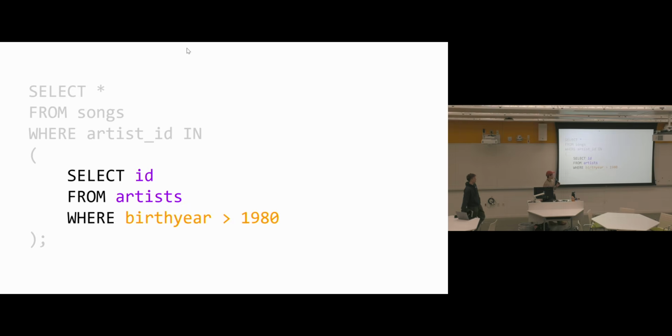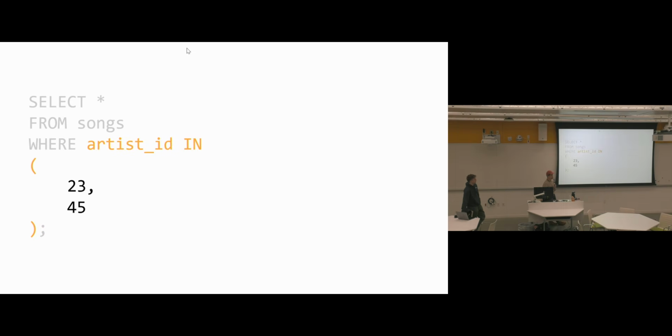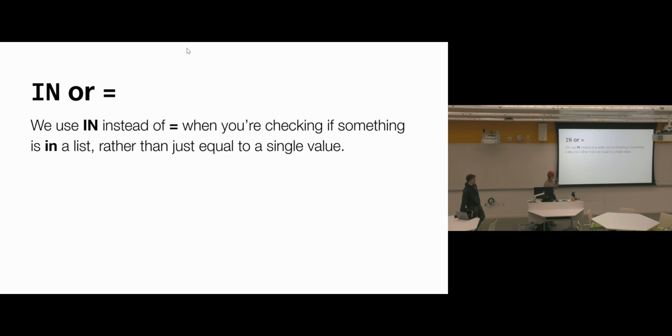Okay, so this inside resolves, and then we'll see, aha, it's 23 and 45, because both of these artists are born after 1980. So two items get returned into this list. And then the top query just becomes both of these artists, linking to these items and returning both of the rows that contain artist ID 23 and 45, which happens to be both of them.